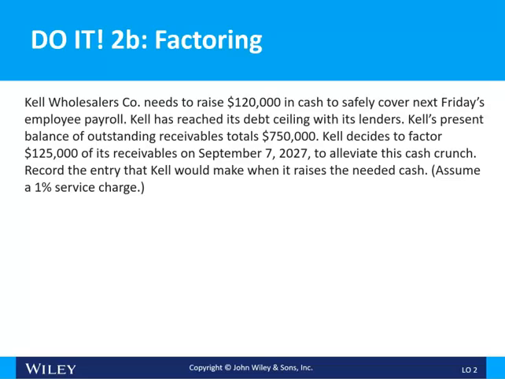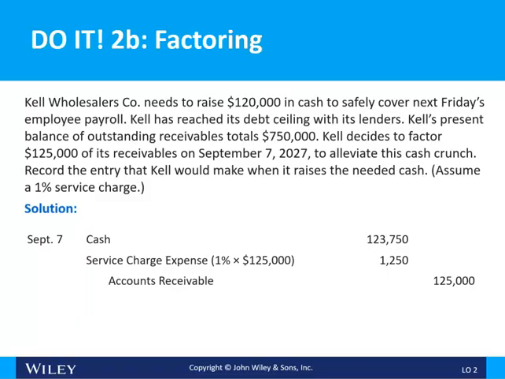They have an outstanding receivables balance of $750,000. They decide they're going to factor $125,000 of its receivables on September 7th to alleviate this cash crunch. Record the entry that Cal would make when it raises the needed cash, and we're assuming they're going to get charged a 1% service charge.